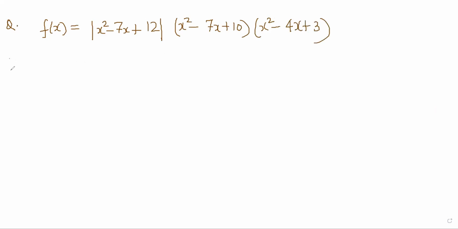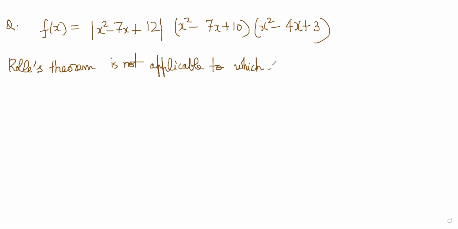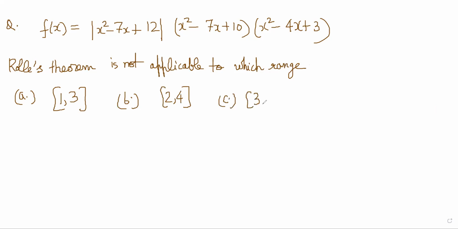And the question is, Rolle's theorem is not applicable to which range? Options are 1 to 3, 2 to 4, and 3 to 5. And D is none of these.